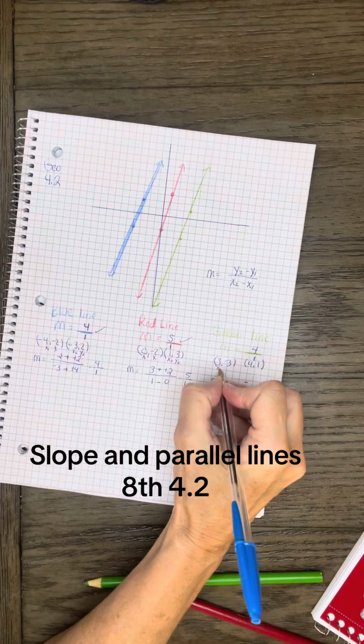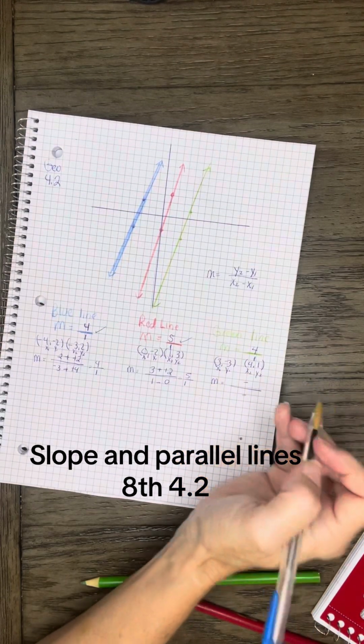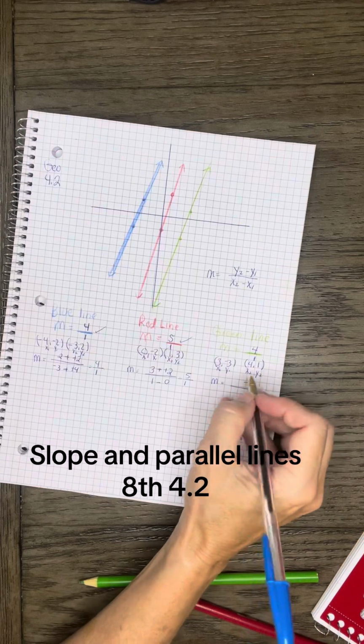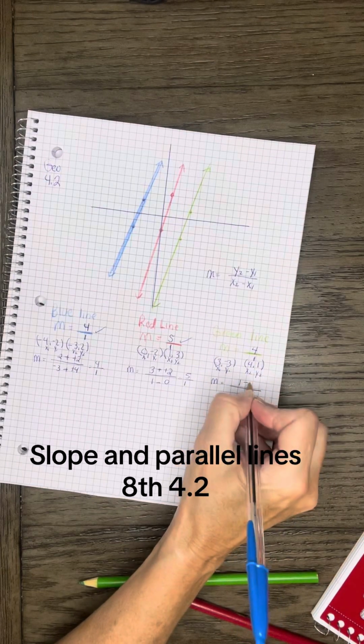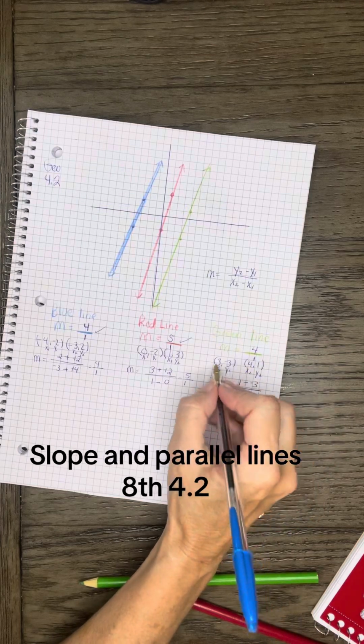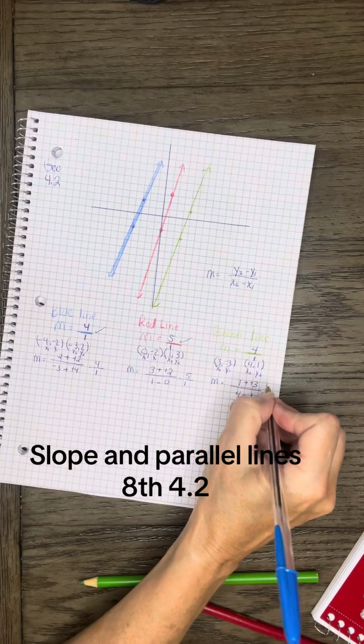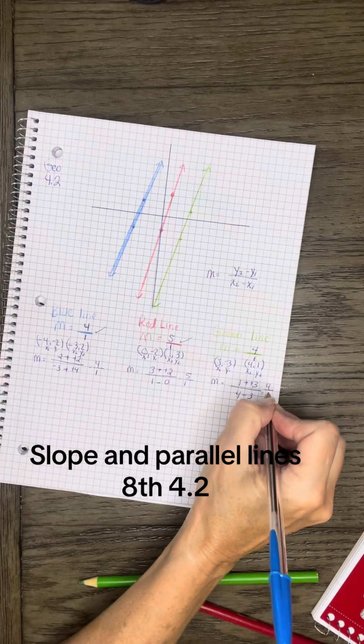And then here, x1, y1, x2, y2. And then the 1 minus negative 3 is in the numerator's place, and the 4 minus 3 is in the denominator's place. When I add the opposite, I get 4 over 4 minus 3 is 1.